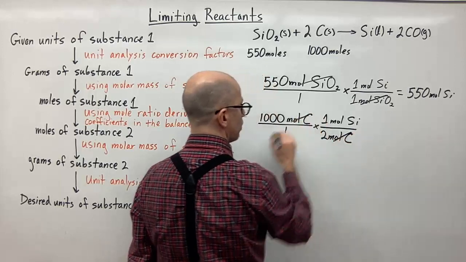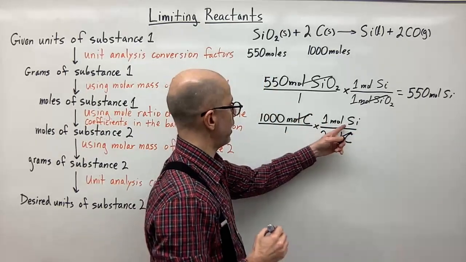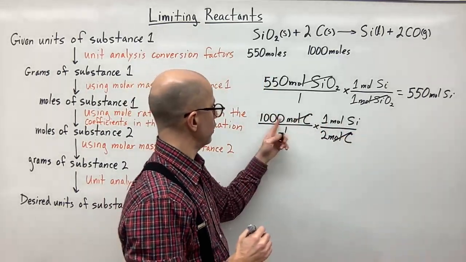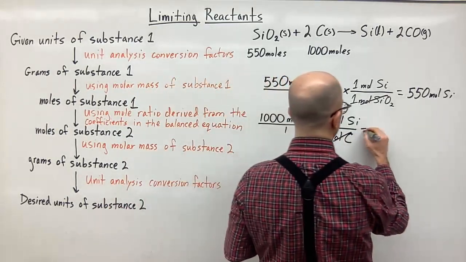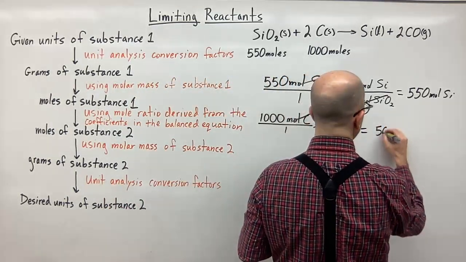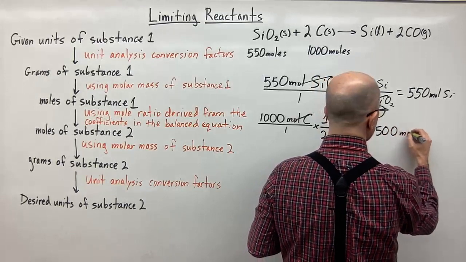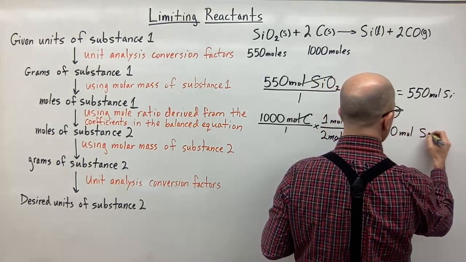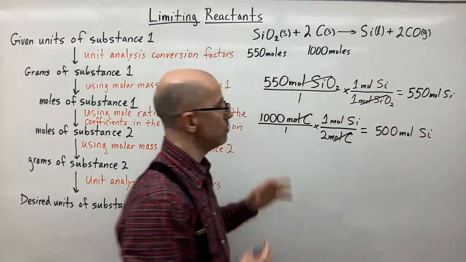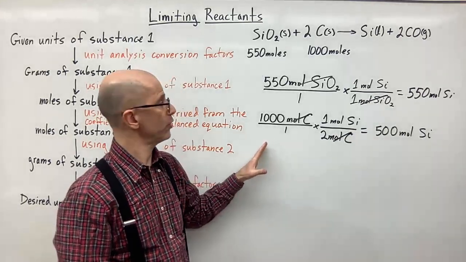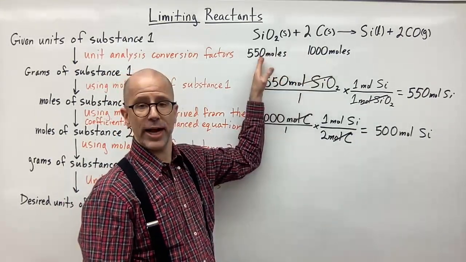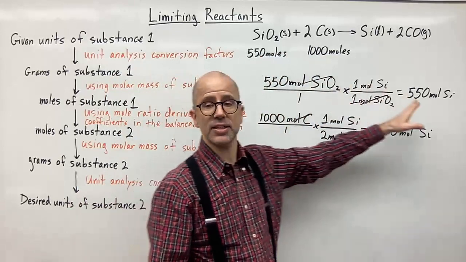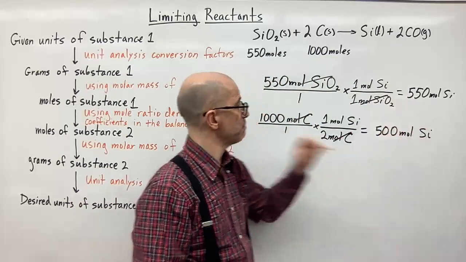So moles of carbon cancel out. Now I have moles of Si. So 1,000 divided by 2 gives me 500 moles of Si. So now I've converted both of the given amounts of reactant to the desired product Si.